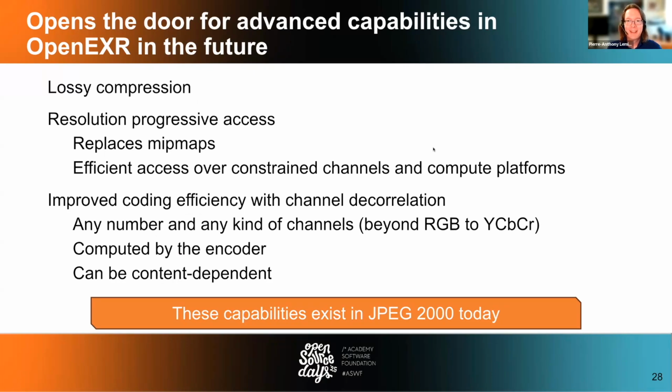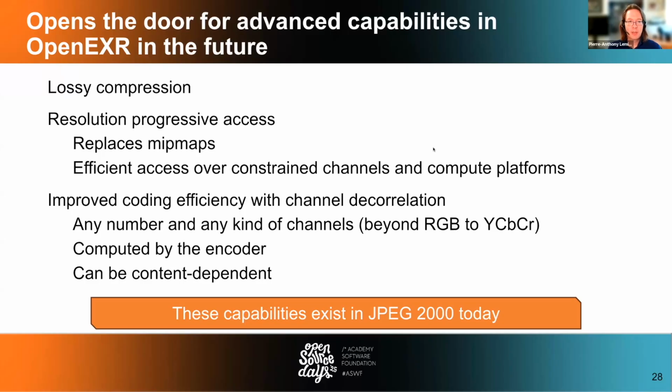Now, there are some really interesting issues that come up that I think we need to study, and Mike Smith can talk more about this, for instance how do you handle lossy compression of NaNs, not a number? OpenEXR has this huge dynamic range, so how do you get a good intuition on the right encoding parameters for those kinds of images? So there's some study to be done there before just turning on lossy, but it's available. We can start working on it now.